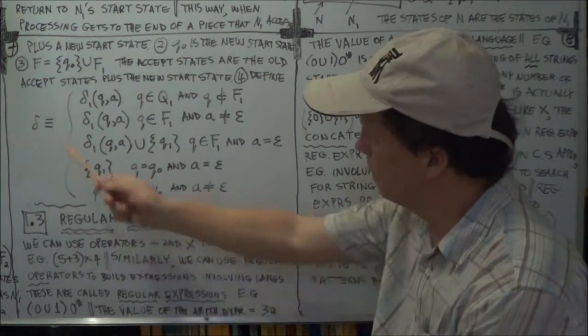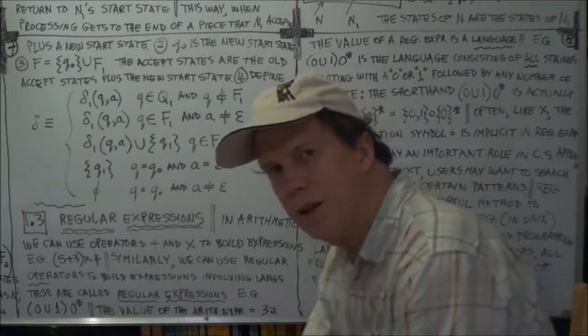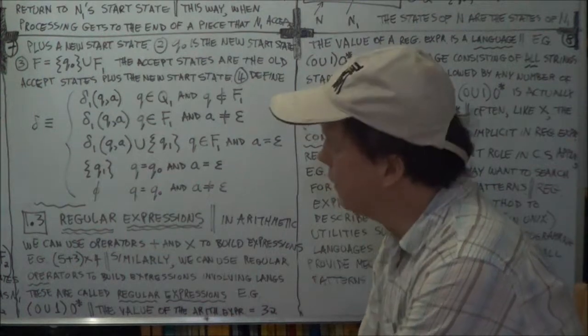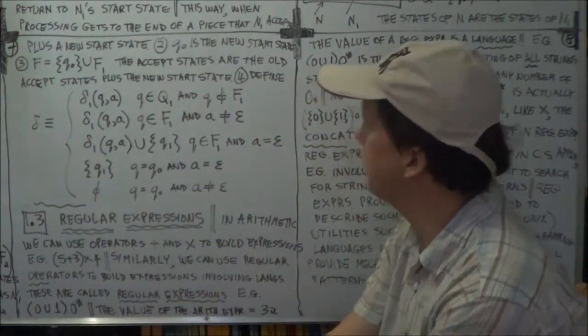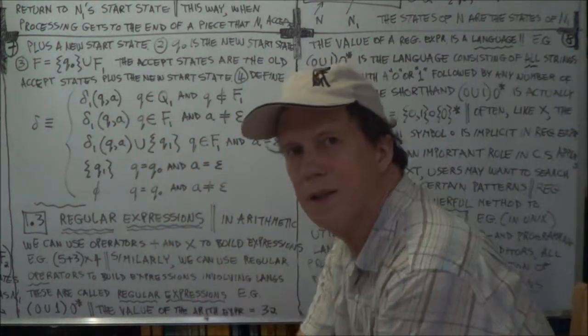Now, as usual, again, the hardest part is specifying the transition function delta here. So delta for big N, by definition. Now, again, this one puzzles me. It's consistently the same problem.